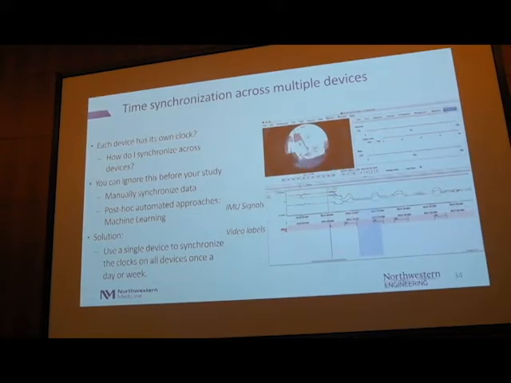So again, think about a single device that synchronizes the clocks on all devices once a day or week. Even with the RTC, there will still be a little bit of drift. So what we do now is, every morning when I turn on the sensor and the phone is in close proximity, it updates the clocks on all my devices, so now they're all synchronized.